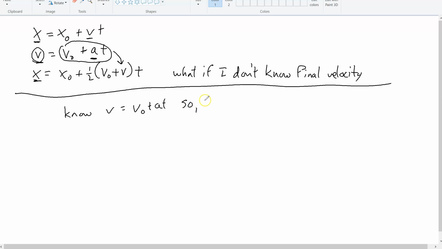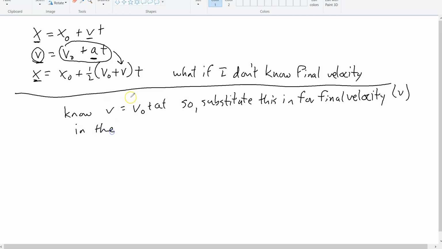So substitute this in for final velocity, or V, in the displacement with constant acceleration formula.